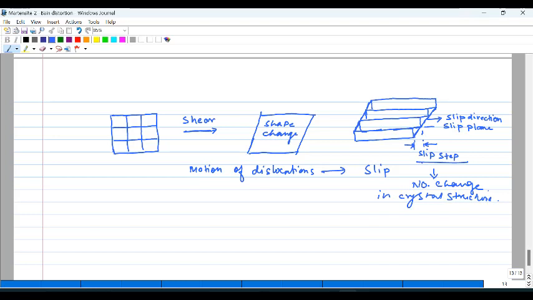Okay, so if this is the parent crystal of austenite, here you have a dilatation along this direction, that is perpendicular to this plane, and a shear.